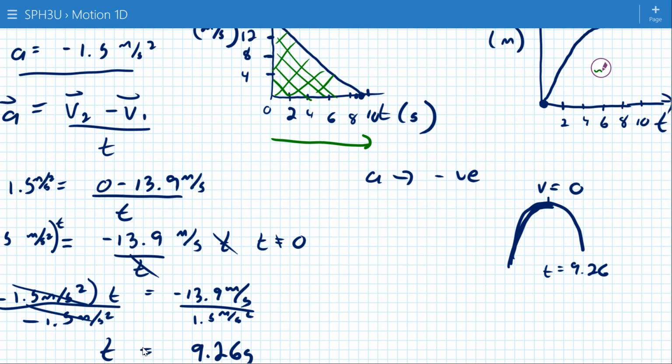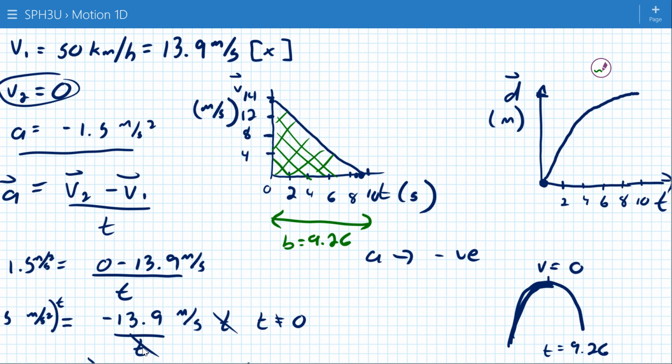Here, having just calculated the base at 9.26, and knowing the height from the original of 13.9, I can calculate the area of that triangle.